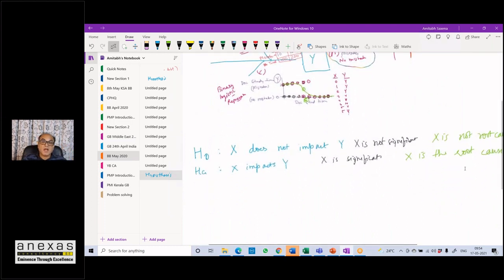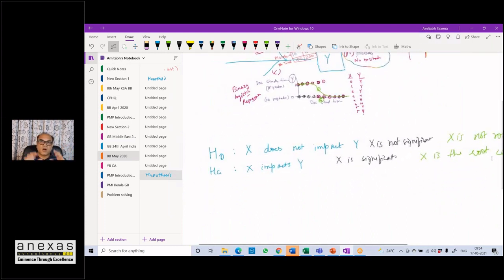Once I create this null and alternative, then I will collect the data. So first thing what I did was I created a null and alternative hypothesis. This is the first step when I'm doing a hypothesis test.